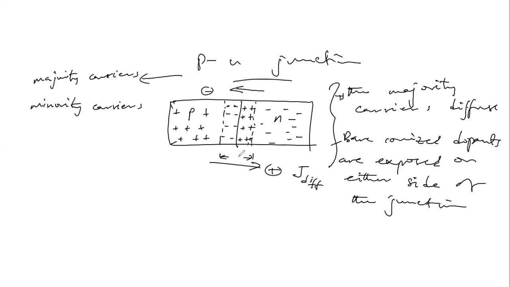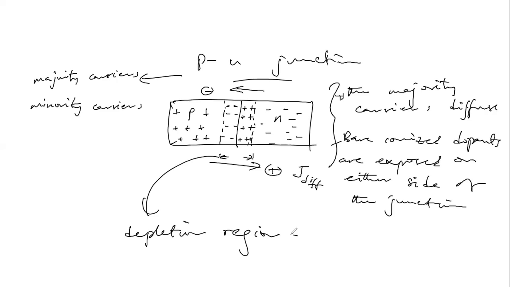So the dopant ions are therefore combined in the region of reduced carrier concentration, and we'll call it the depletion region.